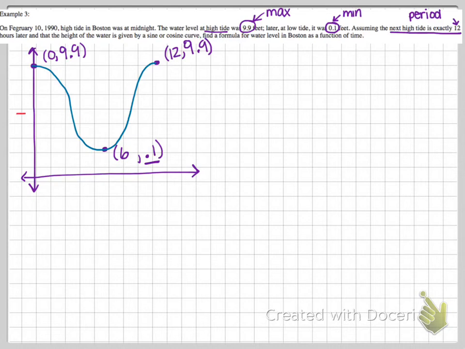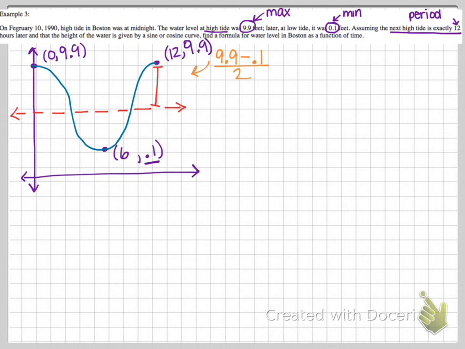Alright, so over here we're going to have our midline. We're going to have to figure out what this amplitude right here is going to be. The way we figure that out is we're going to take that 9.9, subtract that 1/10 from it, and then divide by 2.